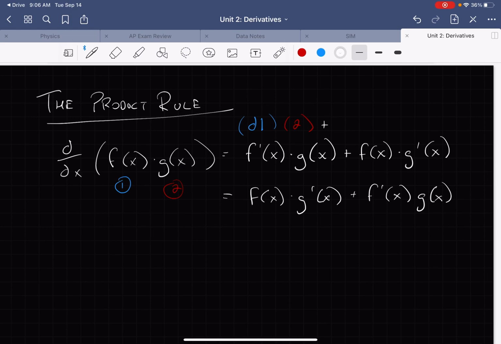And then I'm adding that. And then on the other side of that addition sign, I've got f of x, which is my first function unchanged. And I'm multiplying that with g prime, which is the derivative of my second function. So it'd be d1 times 2 plus 1 times d2. And the 1 and the 2 there, those are the first function, second function.